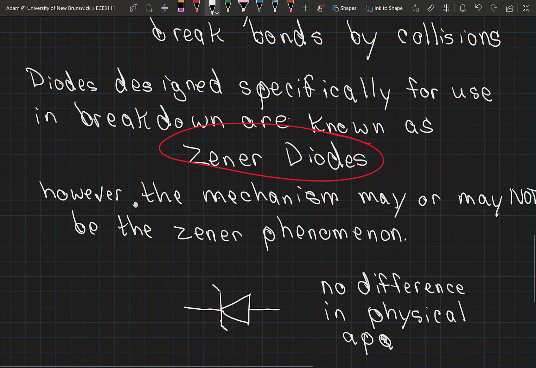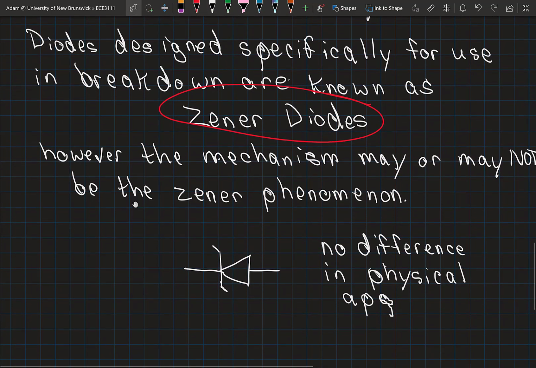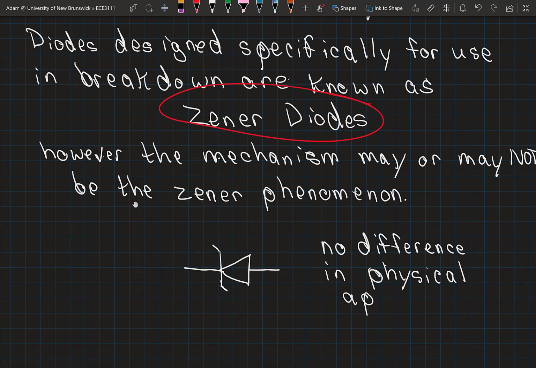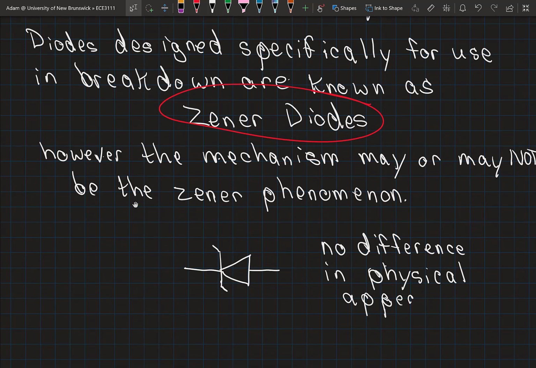And in the forward direction, the Zener diode is going to act much like a standard diode would act, but you're not typically using a Zener diode to operate in the forward direction, although it can.